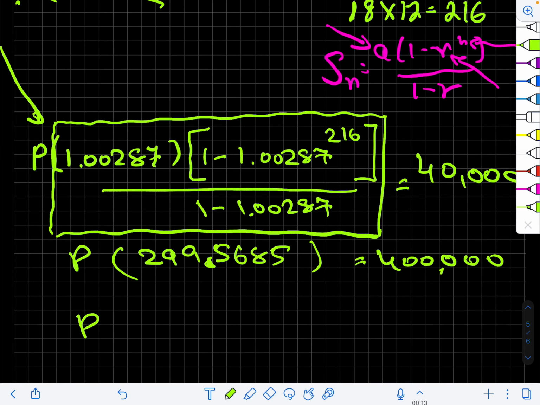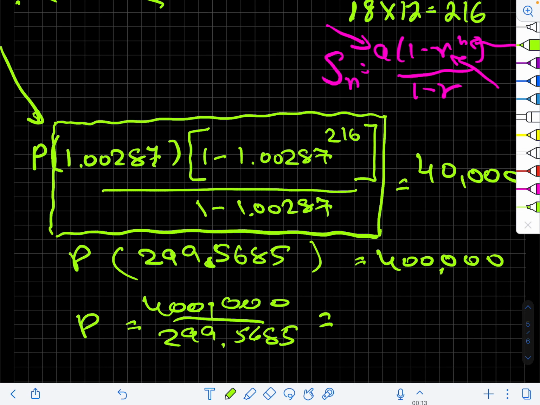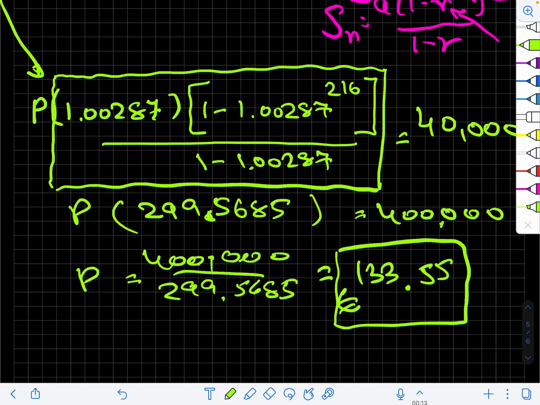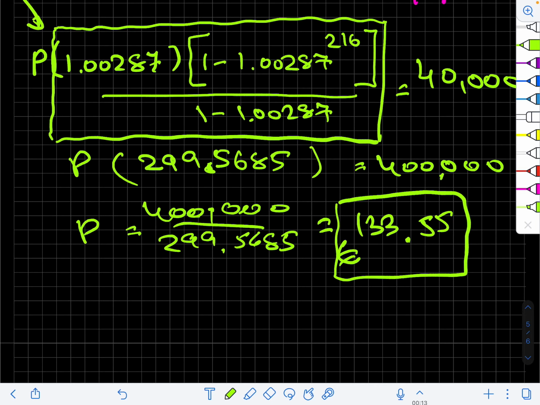I get 40,000 divided by 299.5685. And that comes out €133.55 if it's rounded to the cents. And this is the installment that she has to do. So she has to start saving every month €133.55 in order to get in 18 years 40,000. Thank you very much.